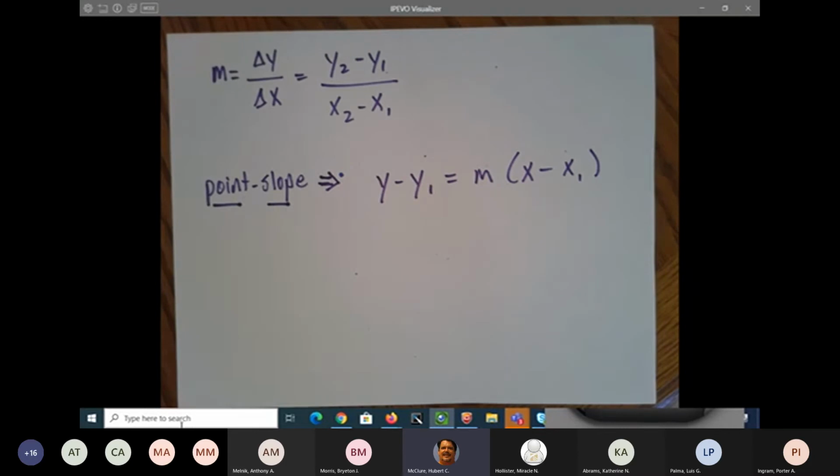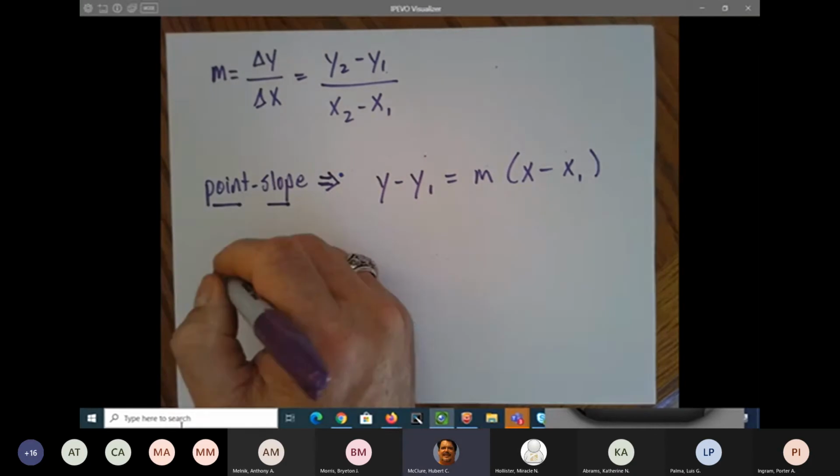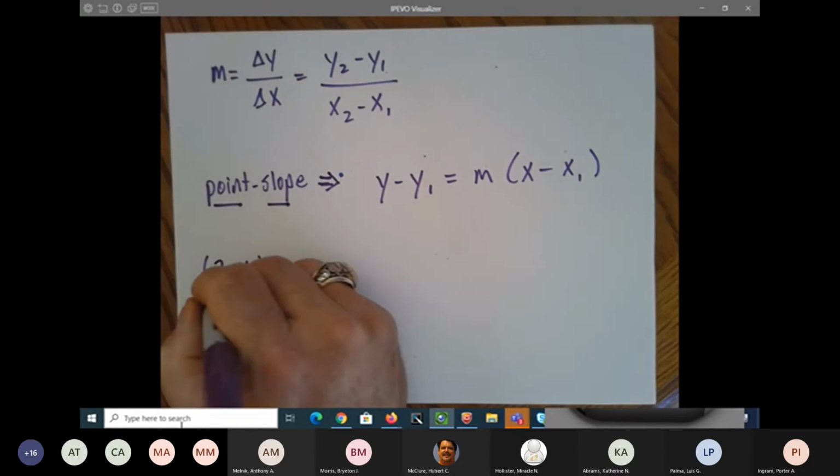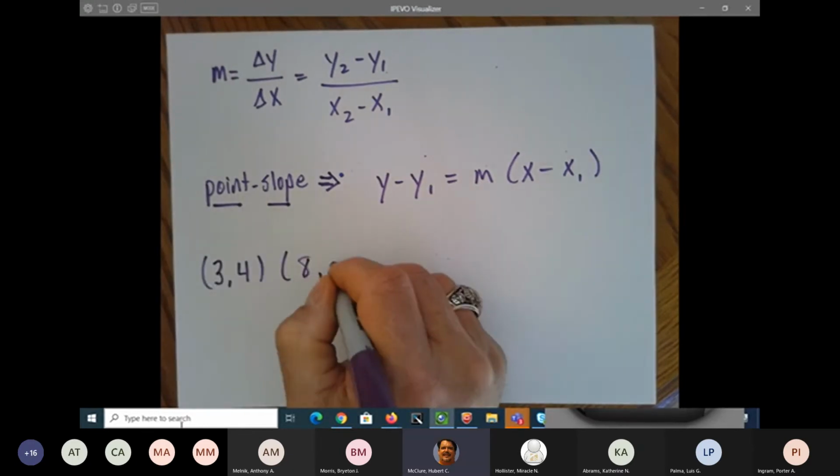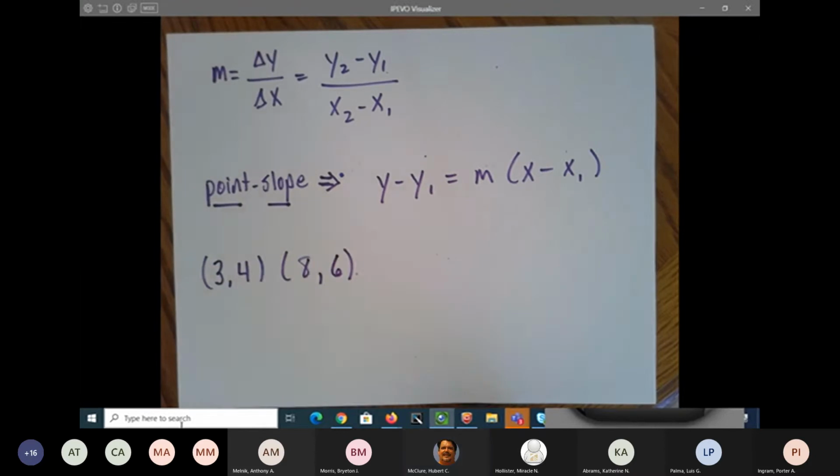Let's go ahead and do one. 3, 4, 8, and 6. All right, I want you to find the slope, and then I want you to give me an equation for this line.